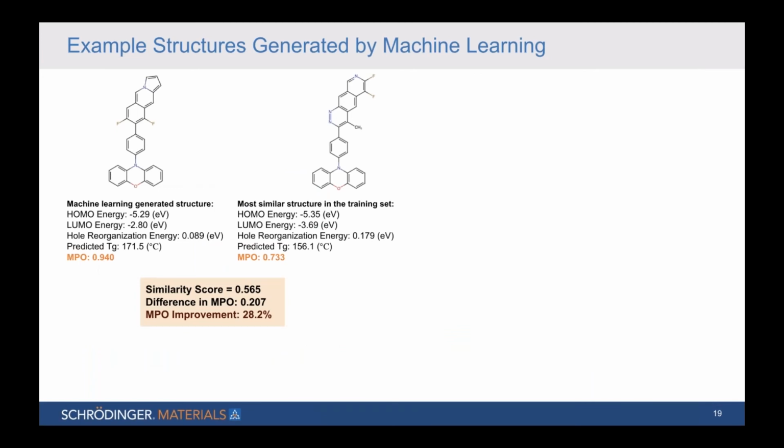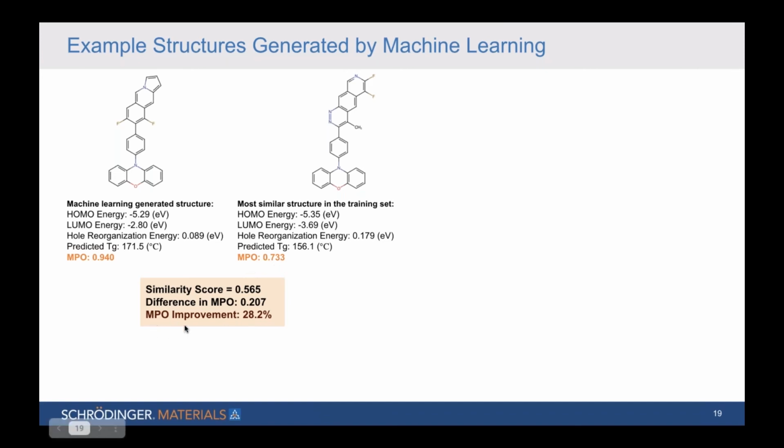So here, I just want to give you a quick glance at some of the machine learning generated structures. On the left is a machine learning generated structure with its properties, and the calculated MPO score is 0.94, compared to its closest neighbor in the training set that has an MPO score of 0.733.